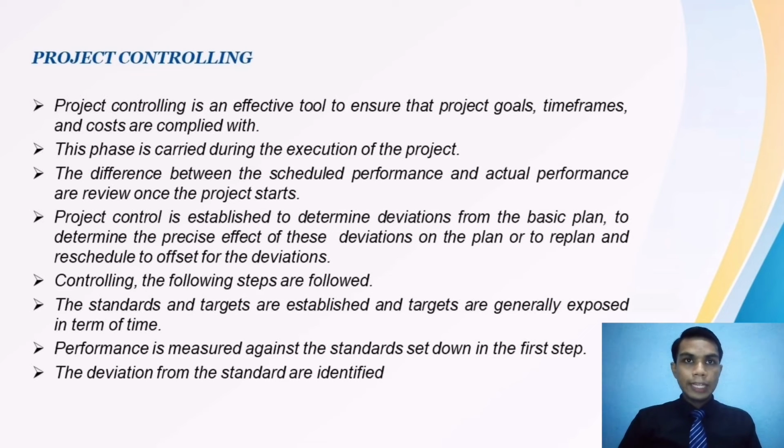Project control is established to determine deviations from the basic plan, to determine the precise effect of these deviations on the plan, or to replan and reschedule to offset the deviations.